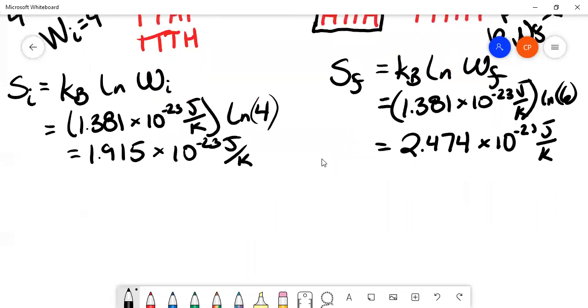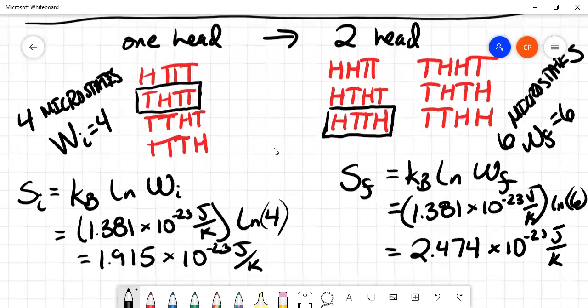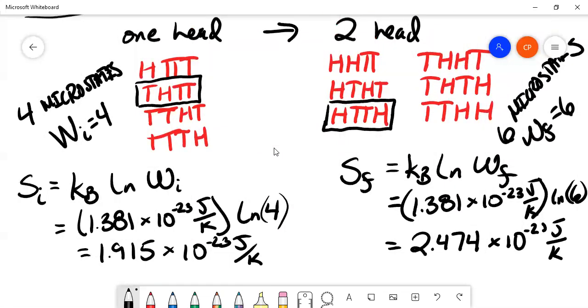What I can talk about in this transition between systems is a change in entropy, delta S. And every time I do a delta in thermodynamic stuff, I'm doing what minus what? Final minus initial.